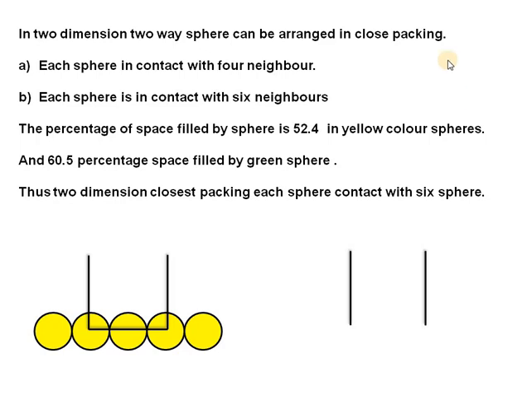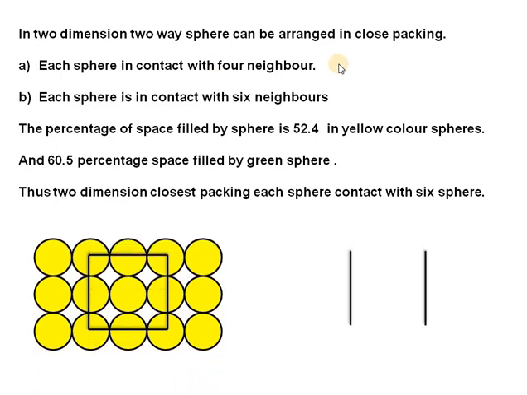Firstly we have here the sphere in contact with 4 spheres. These diagrams clearly show that each sphere is in contact with 4 neighbors. It is one way to arrange the spheres.